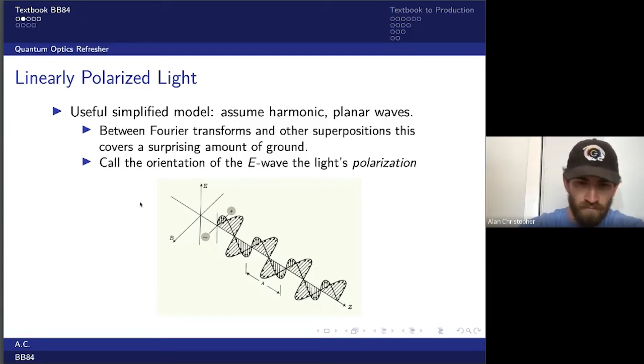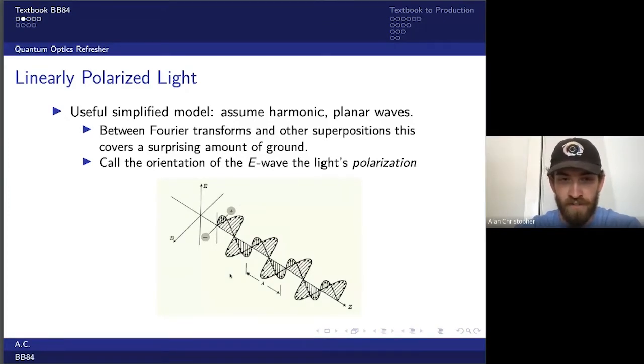If we take a sinusoid in the E wave and let that traverse in what we have labeled here as the Z direction, and pair that with a B wave which is orthogonal, so we've got this on the X axis and this on the Y axis, we can create this wave here, and this will satisfy Maxwell's equations as well as the general wave equation. And in fact, we can experimentally generate light waves which create this specific pattern, we cheat a little bit.